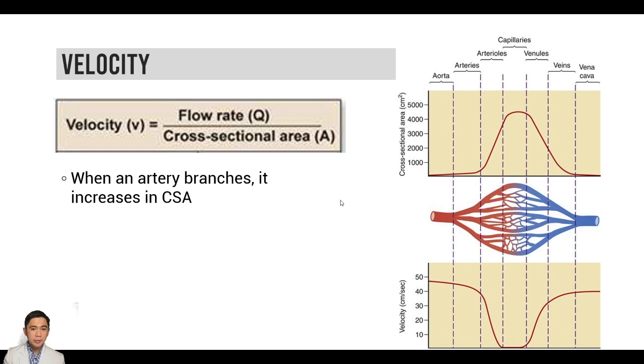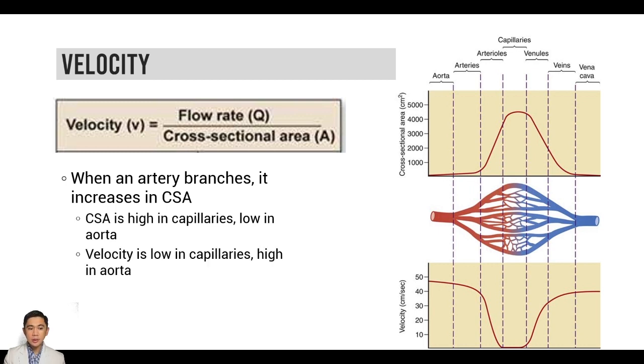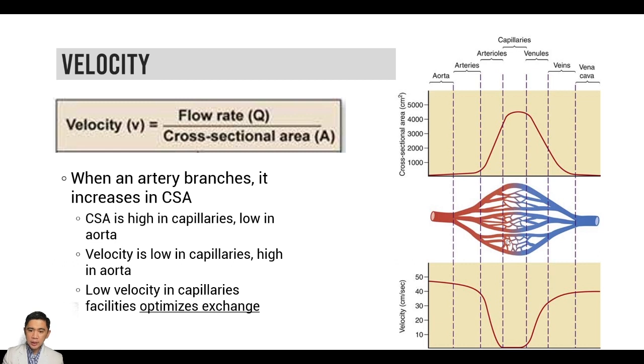When an artery branches, it increases in cross-sectional area. Cross-sectional area is high in capillaries and low in the aorta. Velocity is low in the capillaries and high in the aorta. The low velocity in the capillaries is actually advantageous. It will facilitate optimum exchange of nutrients and oxygen.